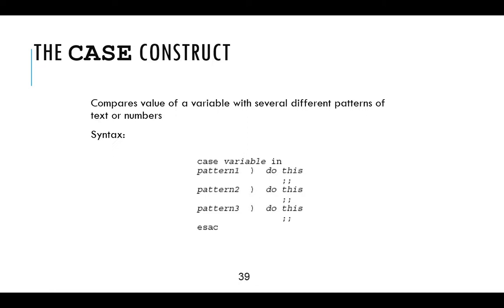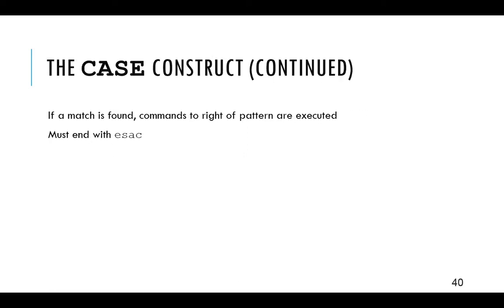I think Linus Torvalds, when he created Linux, was a little drunk. But it also means escape. You're escaping the case. So if it doesn't meet any of the criteria, you escape the case and keep going. If a match is found, it goes to whatever the command is that's in that case. Otherwise, it will end with the escape.